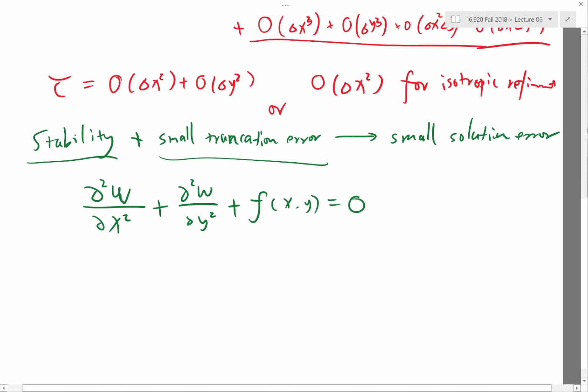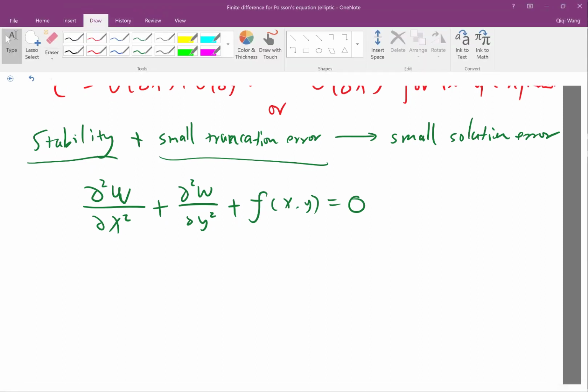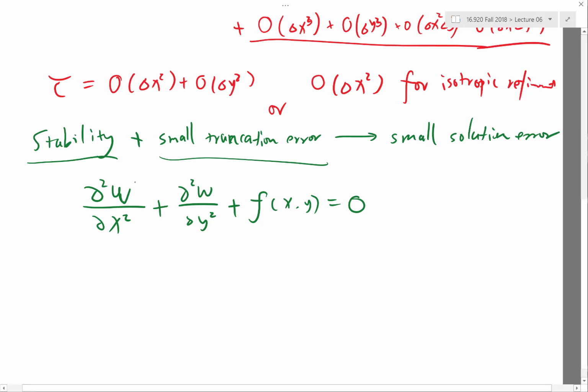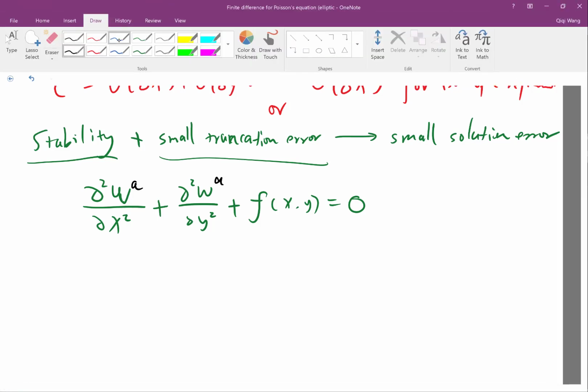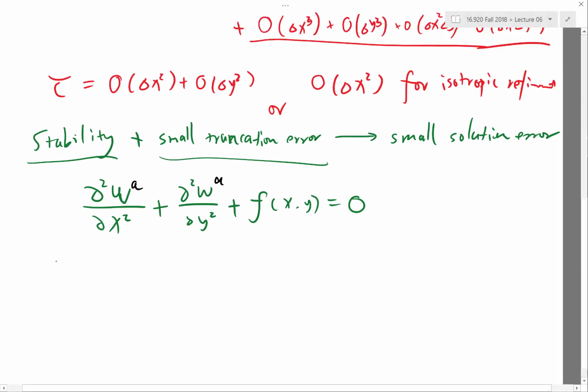So remember, now let's use a superscript to distinguish between the analytical solution and the numerical solution. Okay, so this is the analytical solution. And the numerical solution is different. The numerical solution satisfies a different equation.